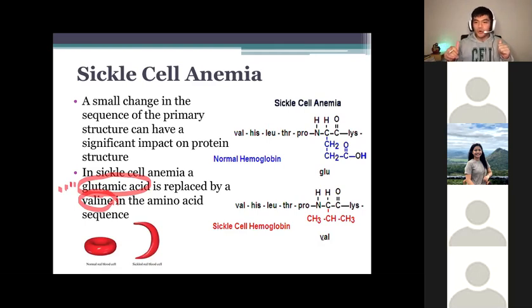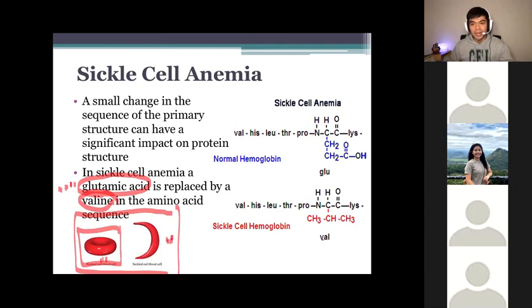Okay. So, kung mapapansin nyo, isang pirasong residue lang ang nagbago. Yung glutamic acid naging valine. Primary level lang yon. Nagkamali ng isa, domino effect na siya hanggang highest level. So kung mapapansin sa picture, ang normal red blood cell ay biconcave dapat, naging crescent shape siya dahil lang sa pagpalit ng valine.